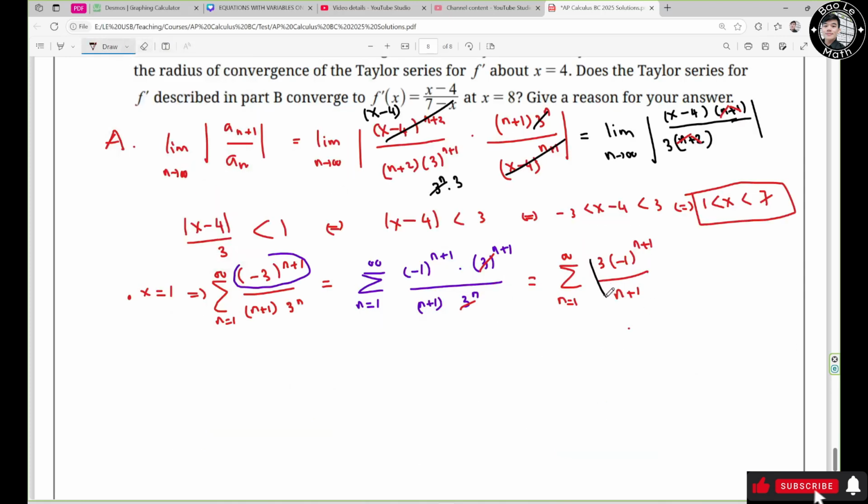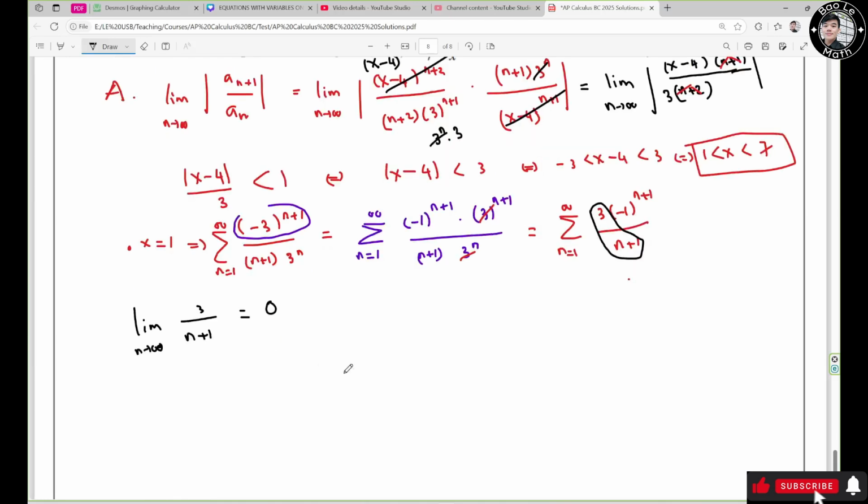Now we take the limit of this when n approaches infinity, so the limit of 3 over n plus 1 when n approaches infinity. This is actually 0, so by the alternating series test, the series converges.